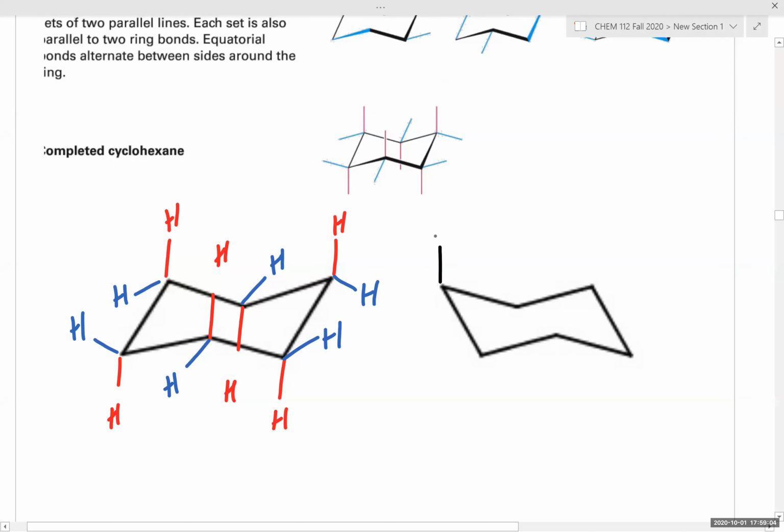Filling in our other chair conformation, we add in our axial hydrogens, and then we add in our equatorial hydrogens.